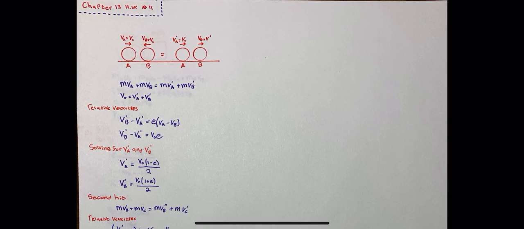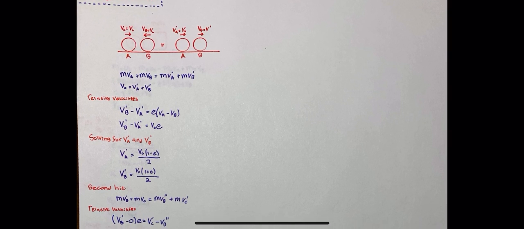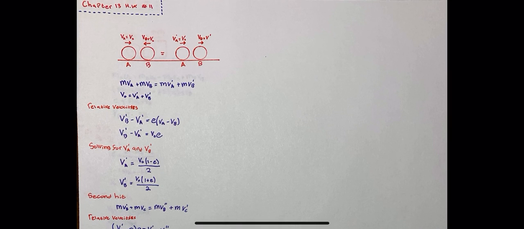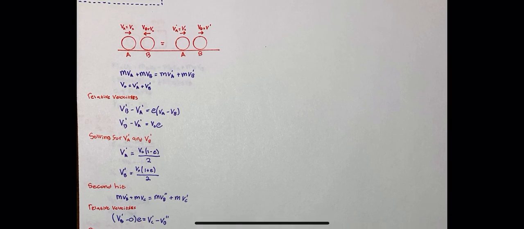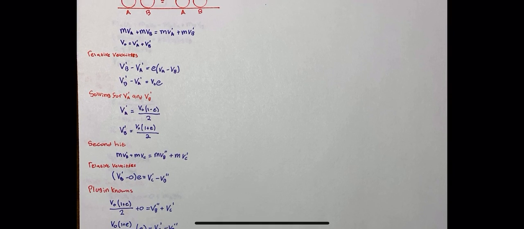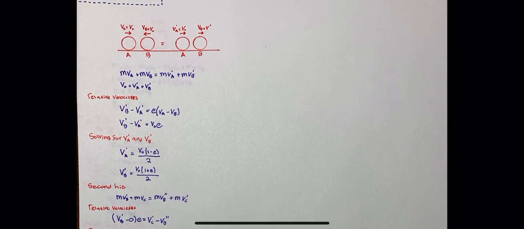So if we do a free body diagram of the steel balls, we'll figure out that MVA plus MVB is equal to MVA prime plus MVB prime, because we know that the total momentum is conserved. We also know that V naught is equal to V prime A plus VB. Then we can solve for the relative velocities.